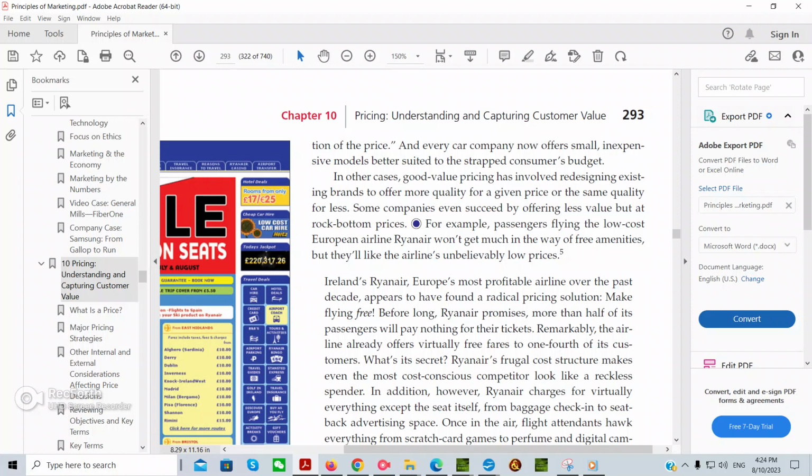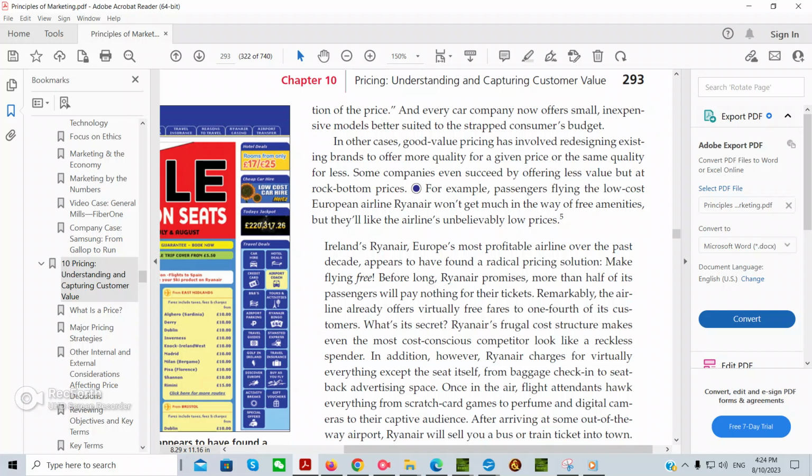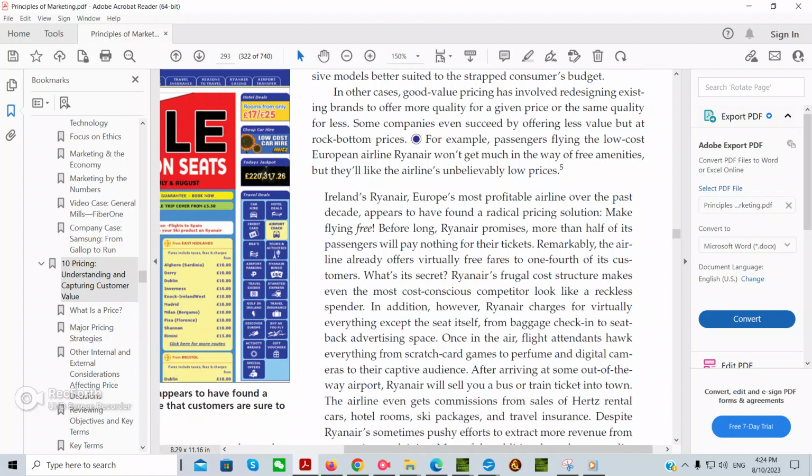And other examples, every car company now offers small, inexpensive models better suited for the strapped customer's budget. In other cases, good value pricing has involved redesigning existing brands to offer more quality for a given price or the same quality for less.